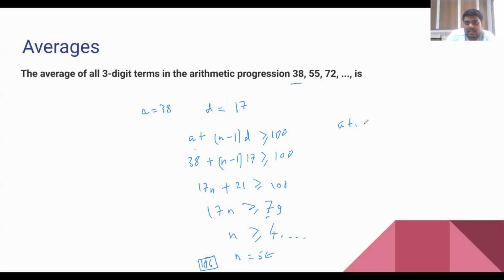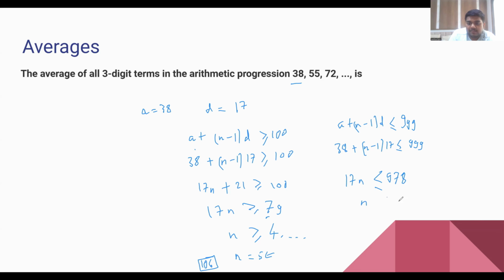This is the smallest three-digit number, and the largest three-digit number will be given by A plus (n minus 1) into D less than or equal to 999. So 38 plus (n minus 1) into 17 is less than or equal to 999. Solving once again, 17n is less than or equal to 999 minus 21, which is 978.